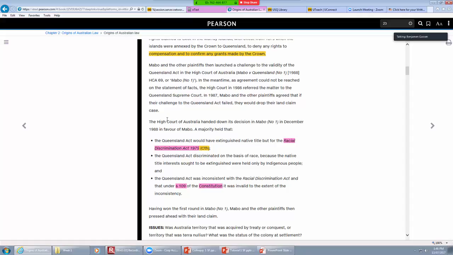That's why you have CTH, and it was passed in 1975. So Mabo said, this act that the Queensland government passed, so it's a state act, is in violation of this Commonwealth Act. Why is it in violation of the Commonwealth Act? Because it discriminates against Aboriginal people. And we are Aboriginal people.